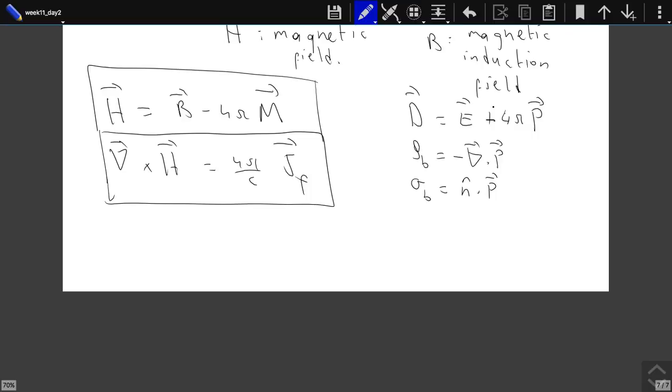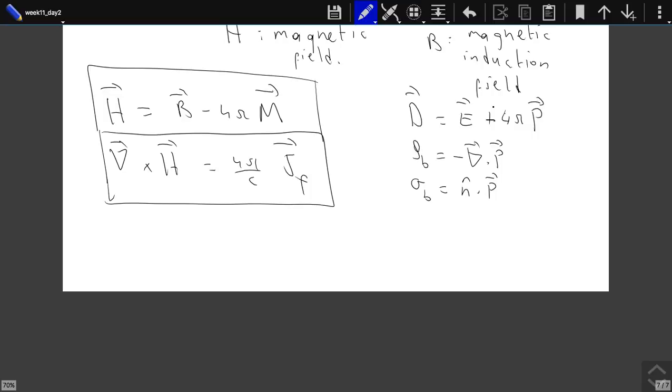And now basically the same phenomenon happens with the B field. You take your system, you send some current density through it, some current density somewhere else, which we call the free current density, which creates a B field.